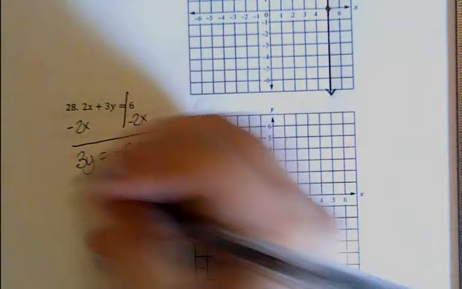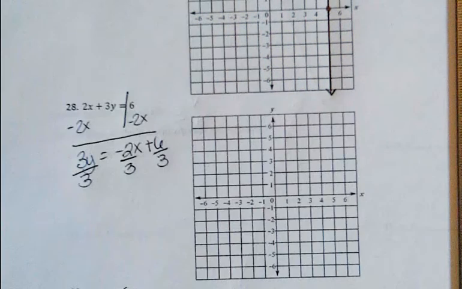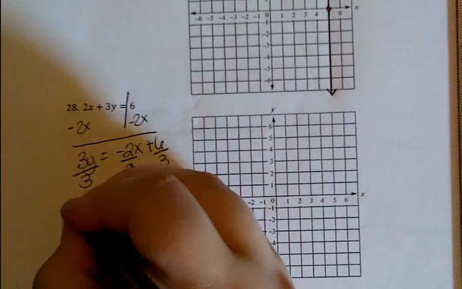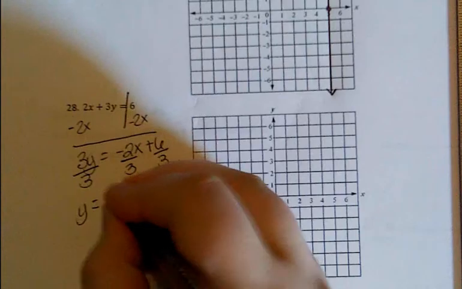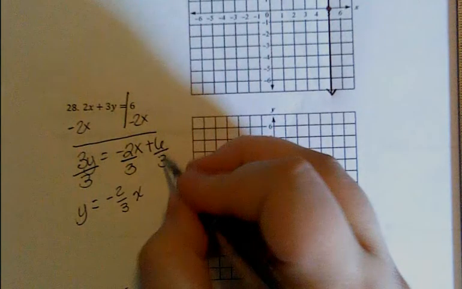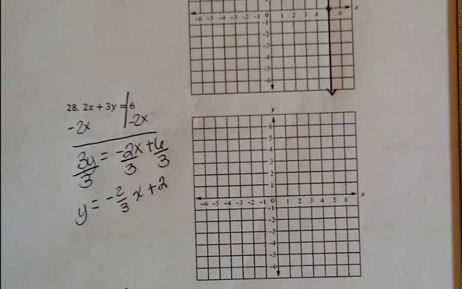So I'm going to divide each term by 3. Once I do that, I get y equals negative 2 over 3x, and then 6 divided by 3 is positive 2. So now I identify my slope and y-intercept.